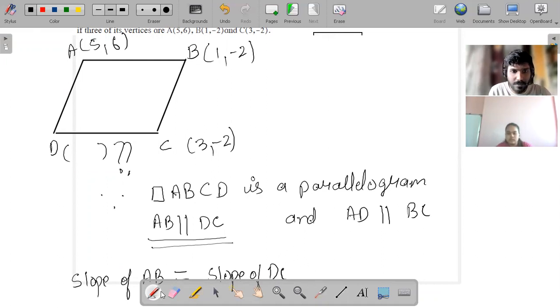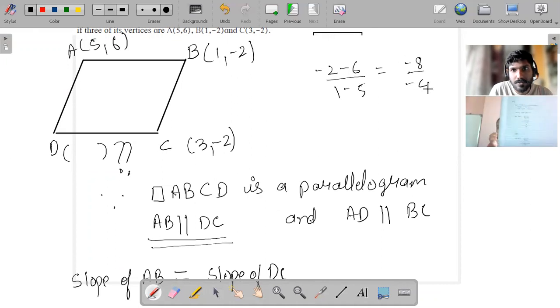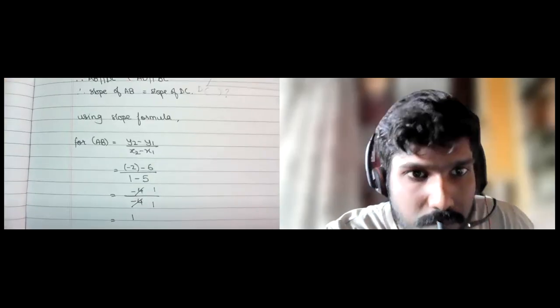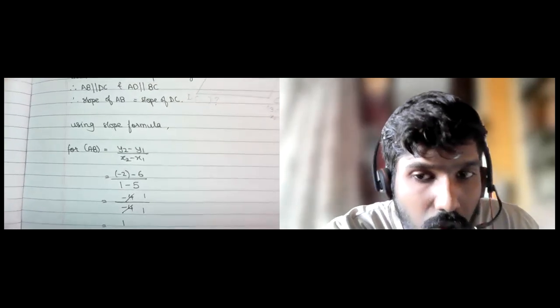Let me check. So you did -2 -6 upon 1 -5 upon -4. No, look at the numerator. Numerator is -2 -6. So there are two minus signs. What will you do, add or subtract? It's -2 -6, so you will add, right? Yes. So how much is -2 -6? It will be -8. Correct.